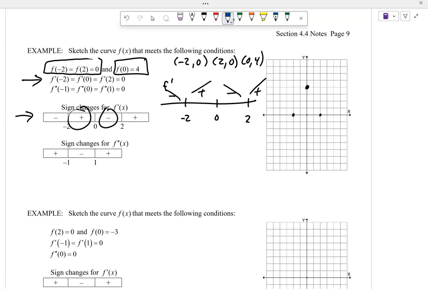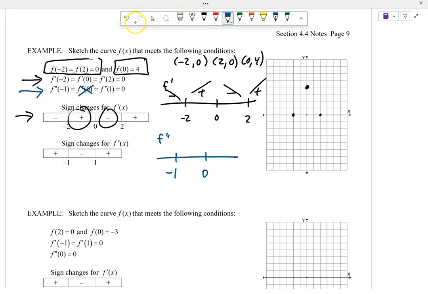And then down below, here, f double prime, here's our potential inflection numbers. F double prime of -1, f double prime of 0. Oops, actually that's an error. That's not supposed to be on there.